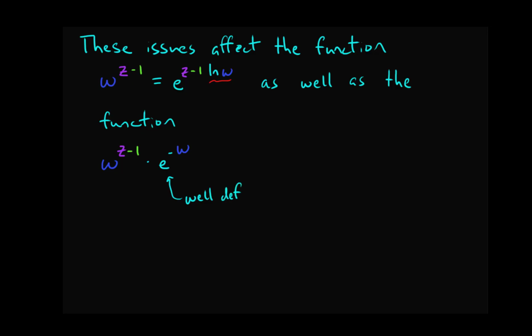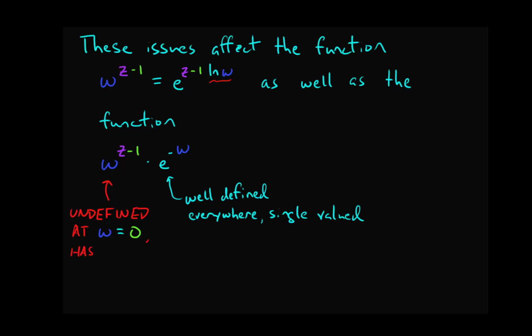Again, e to the negative w is well defined everywhere, so that's not causing any problems. But it's being multiplied by this function that does have a branch point, that's undefined at w equals 0, and that has a branch cut. So these are hugely important considerations when we're doing this integration.